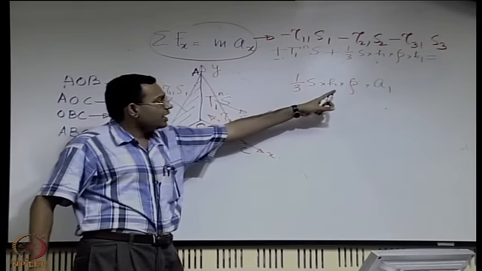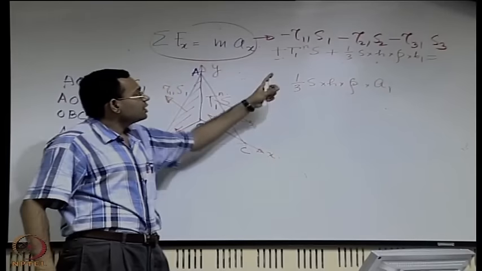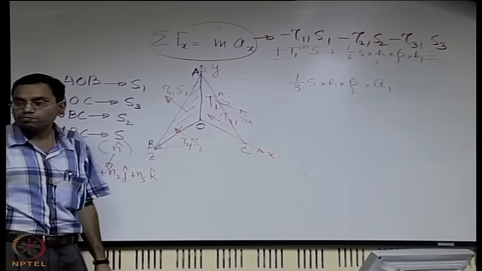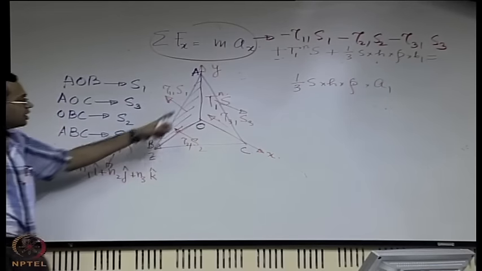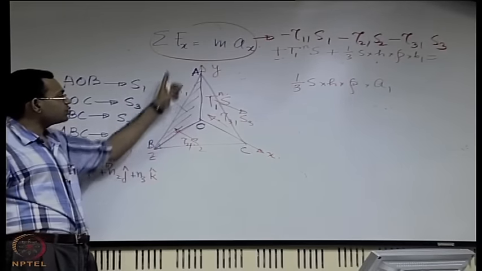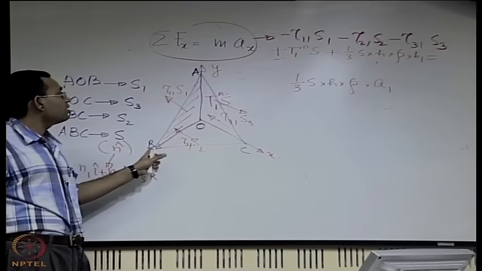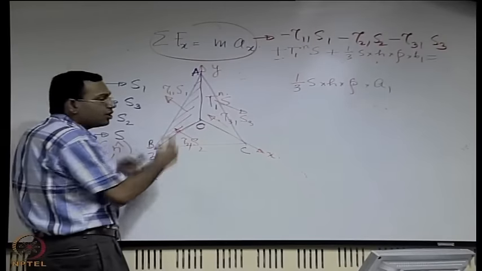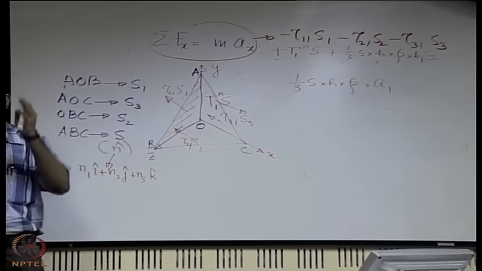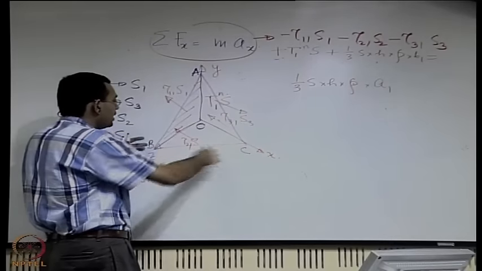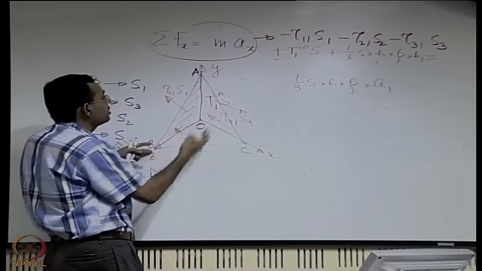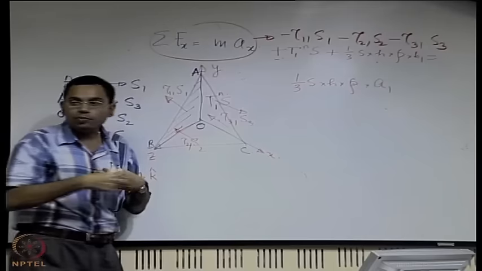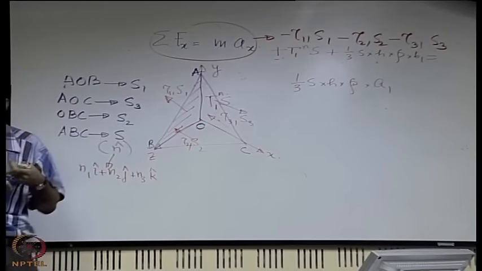So when you have this expression, next is you can write S1, S2 and S3 in terms of S. How can you write it? See, S1 is like the projection of S on the YZ plane, right? So how do you find out the projection? You find out basically the component of this so called vectorial representation of ABC on the YZ plane. So when you want to find out the component, you basically find the dot product of the corresponding unit vectors.